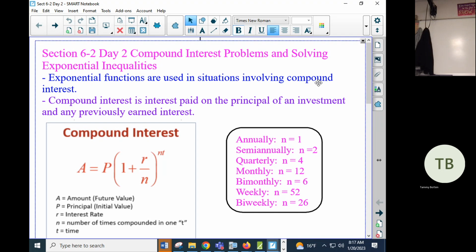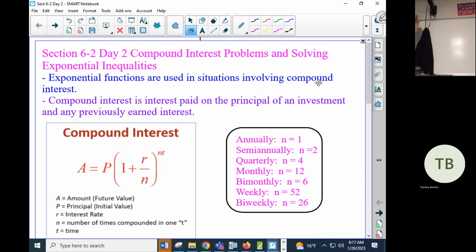Okay, guys, we're gonna go over the rest of section 6.2 today, and the first thing we're gonna learn is something called compound interest. When you have your money in savings, there's two different types of interest in a savings account.